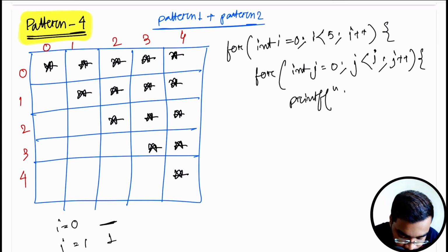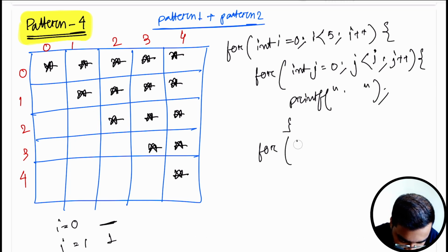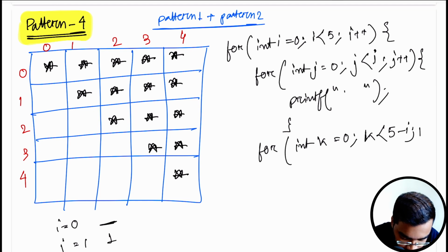printf space, and now for integer k equal to 0, k less than 5 minus i, k plus plus. So if I write like this, then when i equal to 0, k equal to 0 to 4, then i equal to 1, k equal to 0 to 3.